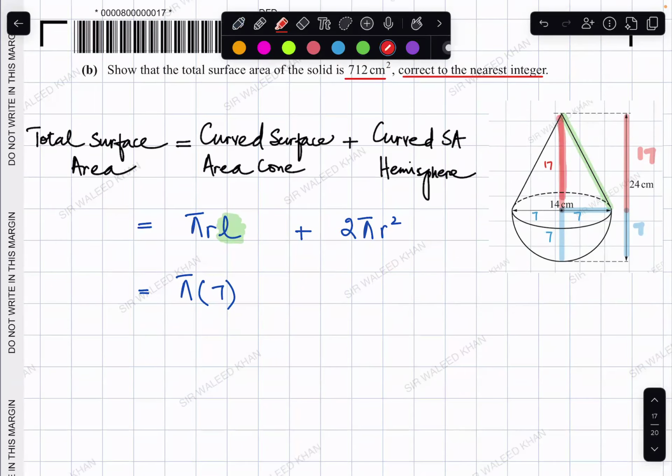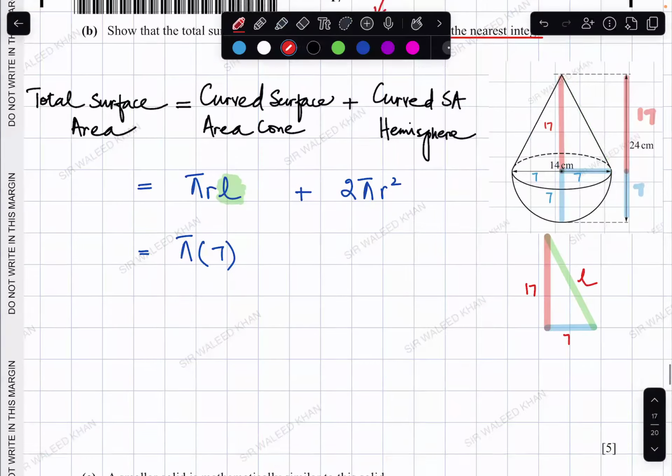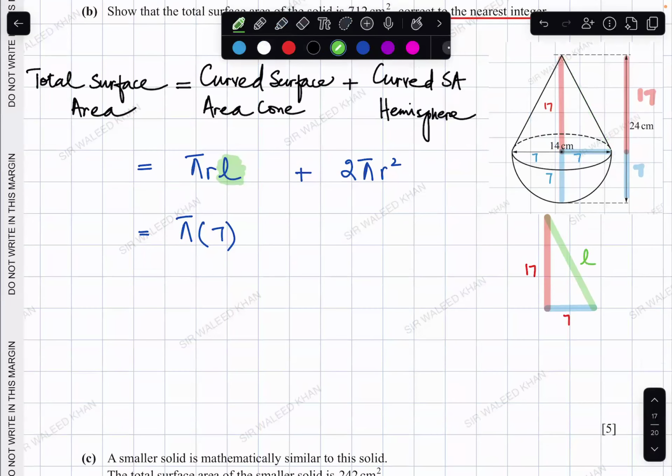Let me draw it again. We are dealing with a right angle triangle like this. The height is 17. The base is 7. We have to find this green part L. So the slant height: L square is equal to 17 square plus 7 square.